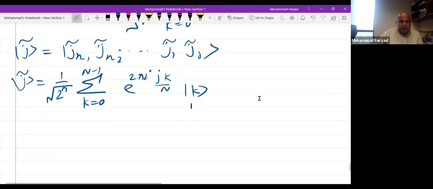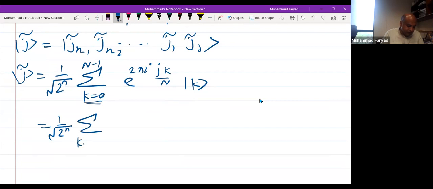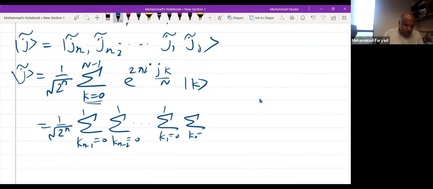And as we did for the 2-qubit circuit, let's divide this sum over K into sum over individual qubits. So a sum over Kn minus 1 from 0 to 1, Kn minus 2, 0 to 1, all the way to sum over K1, sum over K0.